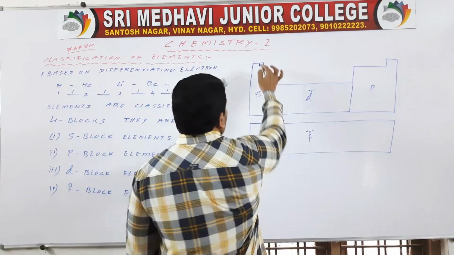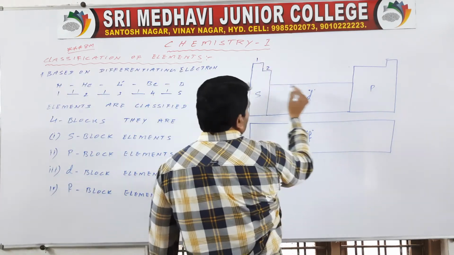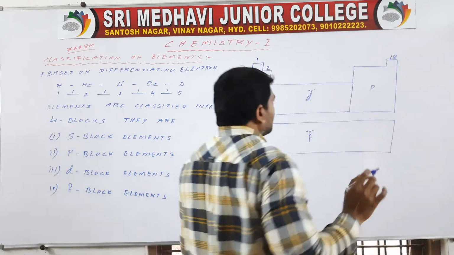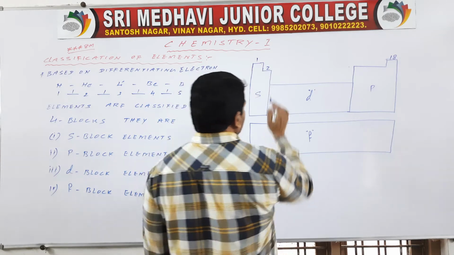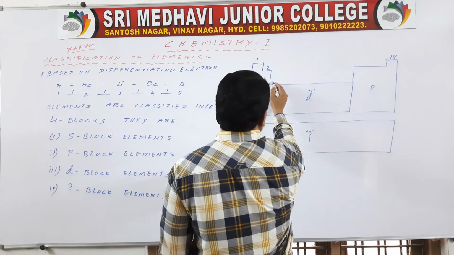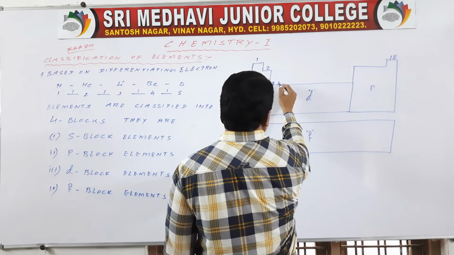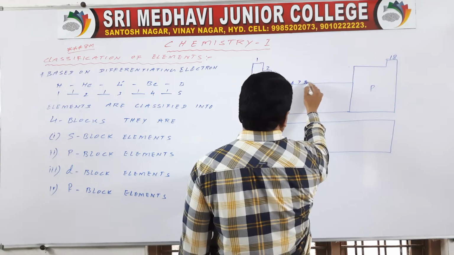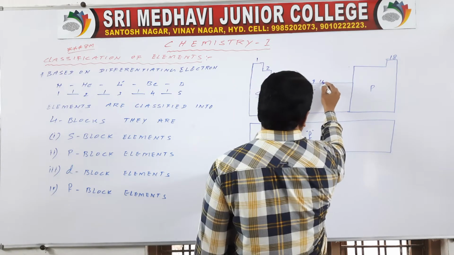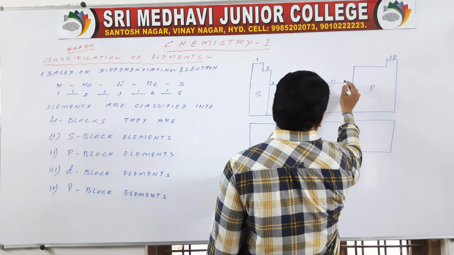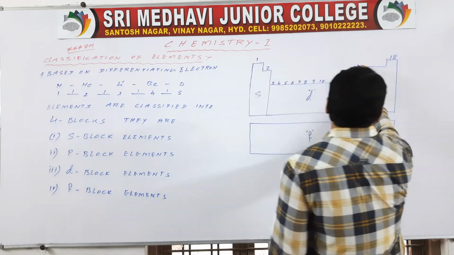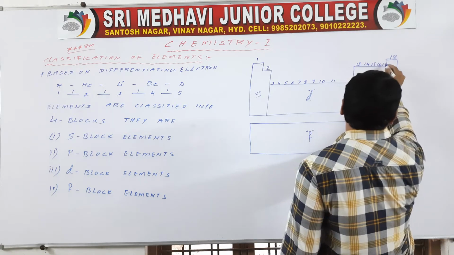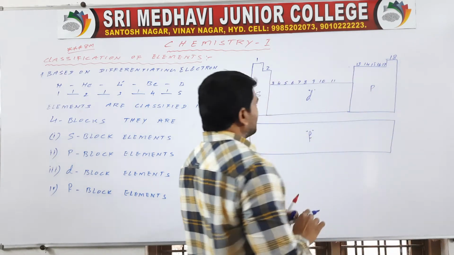So here IUPAC nomenclature 1, 2, like that up to 18. You are giving IUPAC nomenclature 1, 2, 3, 4, 5, 6, 7, 8, 9, 10, 11, and 12, 13, 14, 15, 16, 17, and 18.